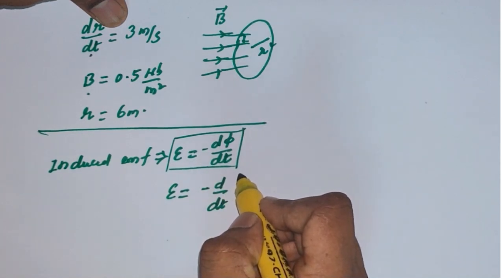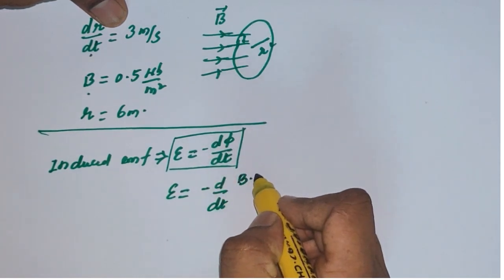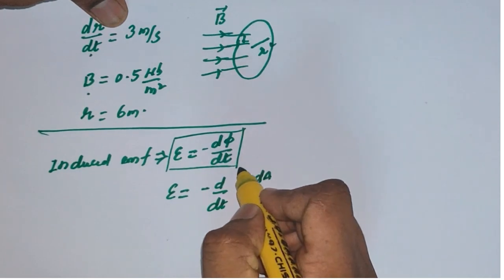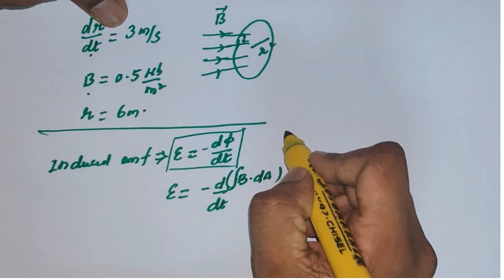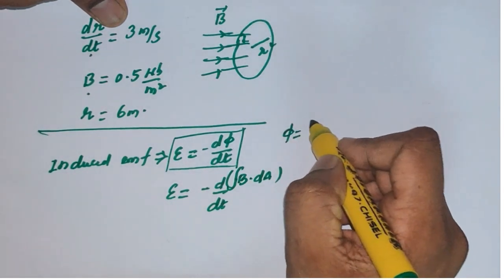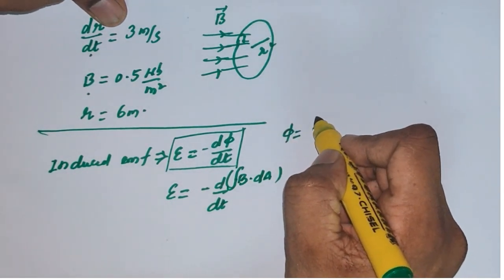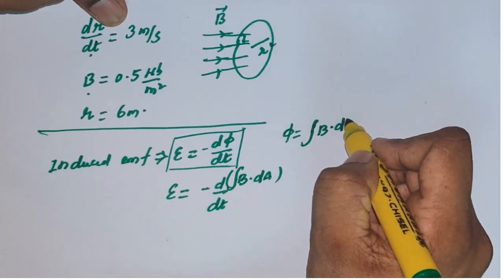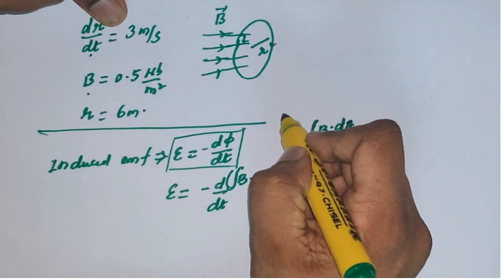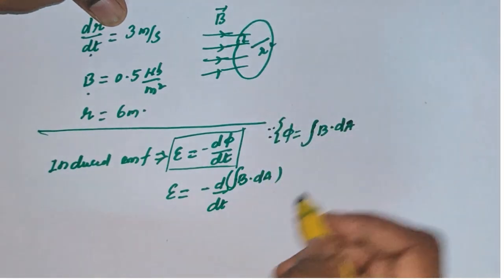The magnetic flux is the integral of B dot dA, the flux linked with any closed surface area, that is the net magnetic flux through the surface.